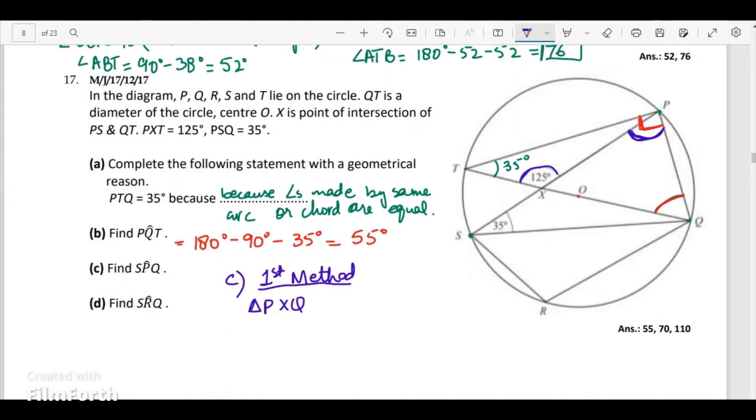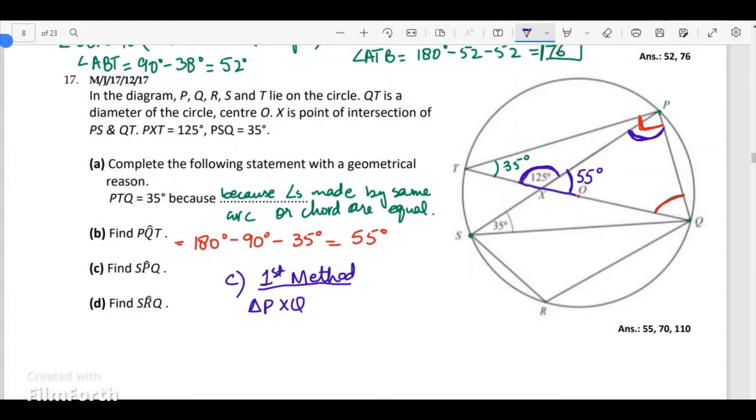this right here is the 125 degrees. So I can find this angle easily because both of these angles are lying on a straight line and hence must be supplementary angles. So if I subtract 125 from 180 degrees, I would get this angle right here. That would be 55 degrees. So let me just write down this.